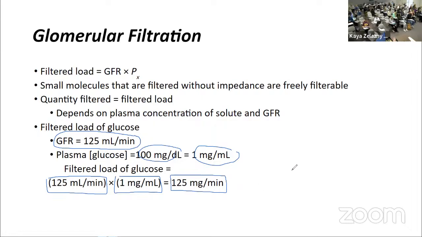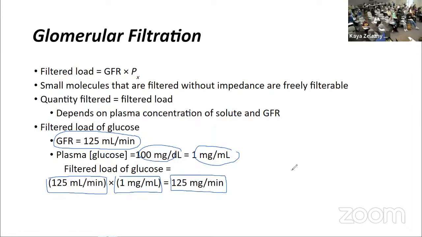So recap, our filtration pressures are the forces for fluid to enter our nephron to actually get filtered through the kidney. So that's going to be a pressure, the glomerular filtration pressure. Then we have our glomerular filtration rate, which is telling us how many milliliters of plasma are ending up in the nephron, because it's not all of your plasma, but it is an awful lot.